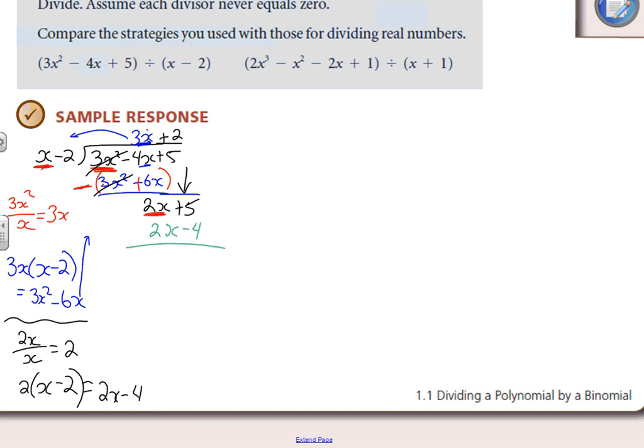We're subtracting, so I suggest you change all the signs and add them. Much safer. 2x and negative 2x, those cancel off. They better cancel off. A 5 and a 4, both positive. That leaves me with a 9.